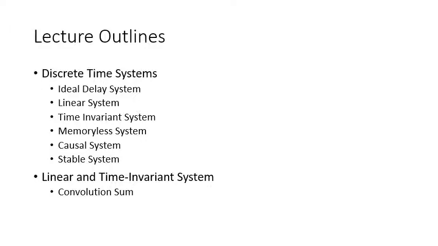Today we are going to talk about discrete time systems. So the most common discrete time systems are ideal delay system, linear system, time invariant system, memoryless system, causal system, stable system. And then we will talk about linear and time invariant system, in which we will discuss convolution sum.